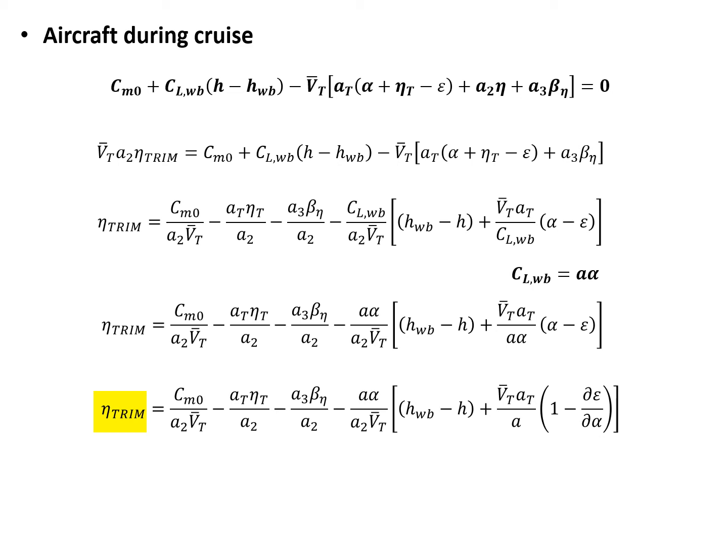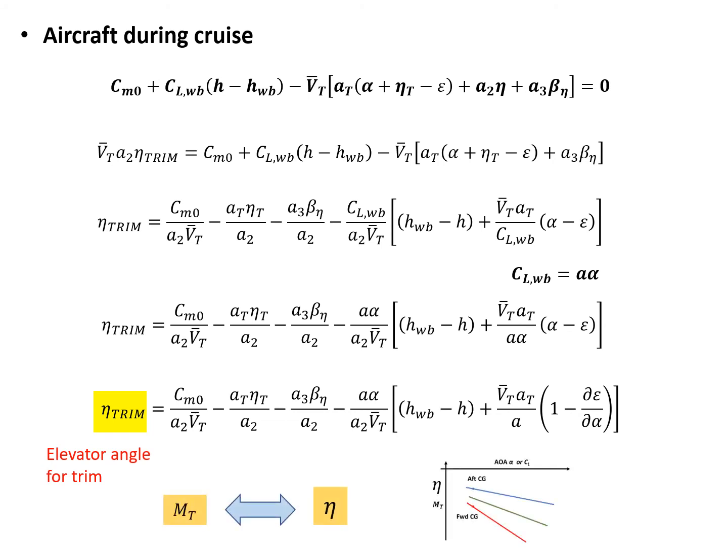And you may wonder why we want to make eta trim explicit. This is because eta, the elevator deflection angle, is related directly with the restoring moment, the elevator moment, Mt. And before, we have this plot on the right hand side. We've seen that, and this plot helps us to derive or determine the neutral point, right?